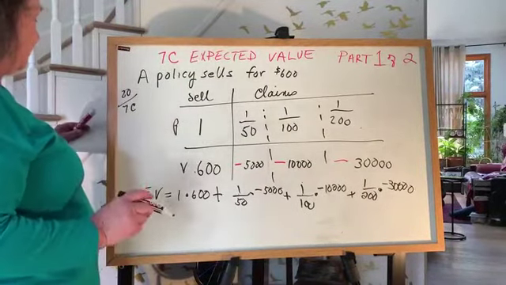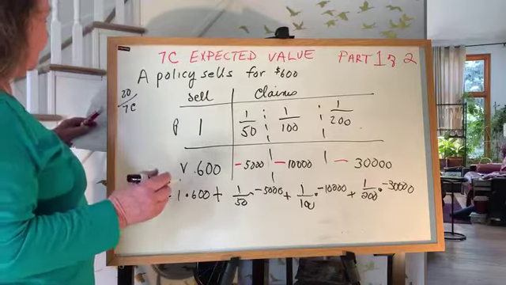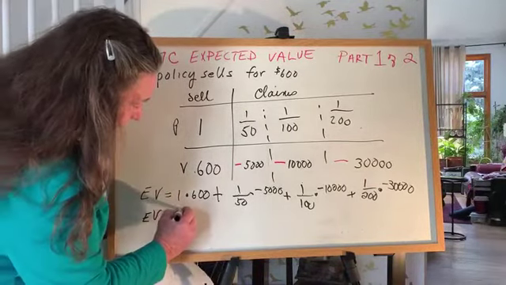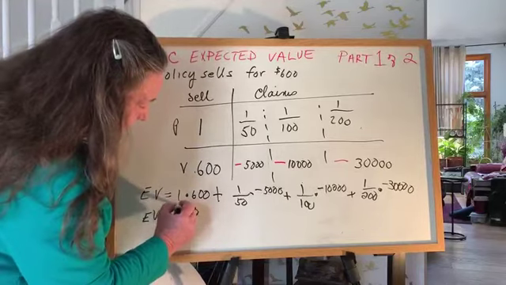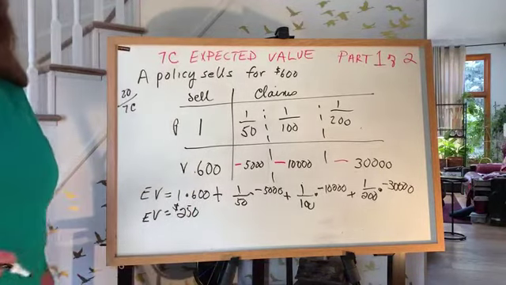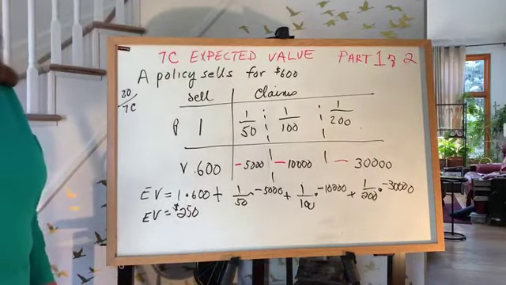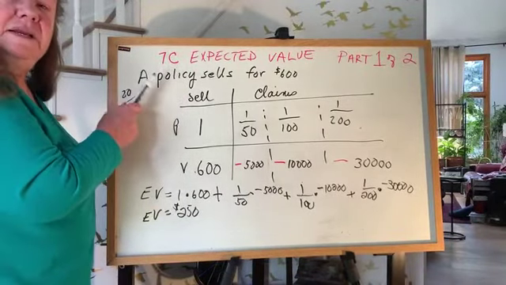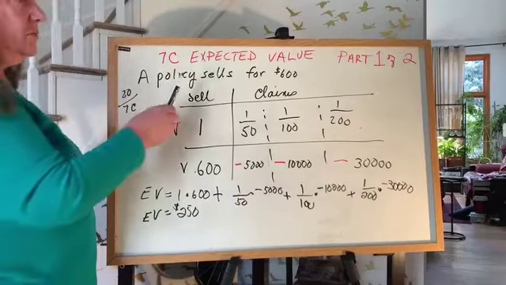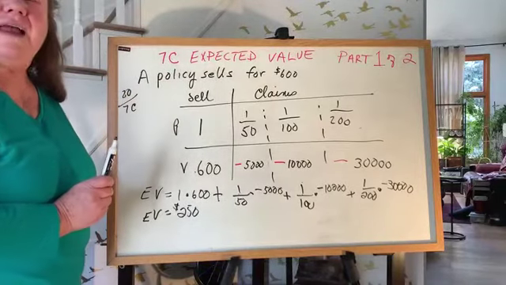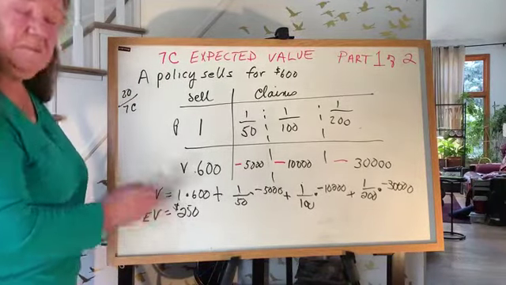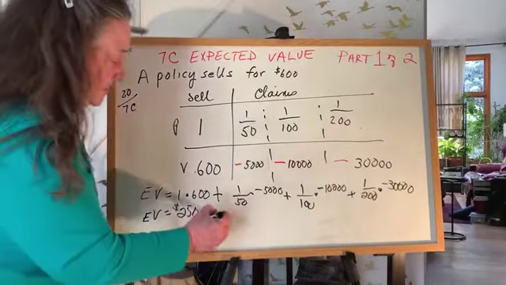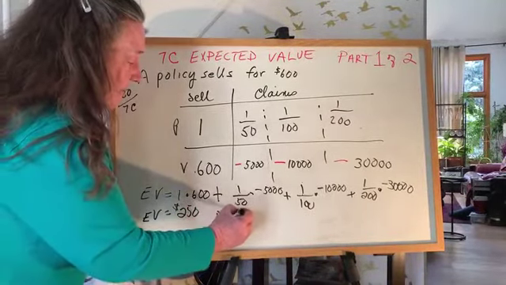Okay, watch your zeros. And in doing this, you find the expected value is 250. Okay, which is a positive number. So, for the policy that the company sells, that I sell to you, if I get $600 for it, I can expect a profit out of that $600 of $250. So that is a profit.